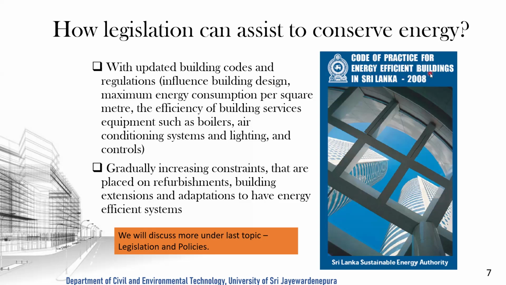Let's say we want to make our Faculty of Technology building a green, energy efficient building. What sort of solutions can we take, maybe during the construction process, after the construction, even while you are studying there, to make this building more energy efficient? We have a topic in the last part, legislation and policies. We'll discuss it there.